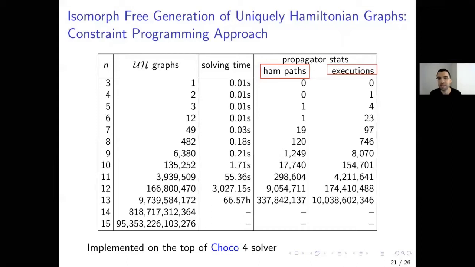And we can see here that the number of Hamiltonian paths that were encountered is not too big. This was something that we were worried about because the propagator iterates on every Hamiltonian path which starts with a specific edge, and it is not a concern, as we can see here in the statistics.